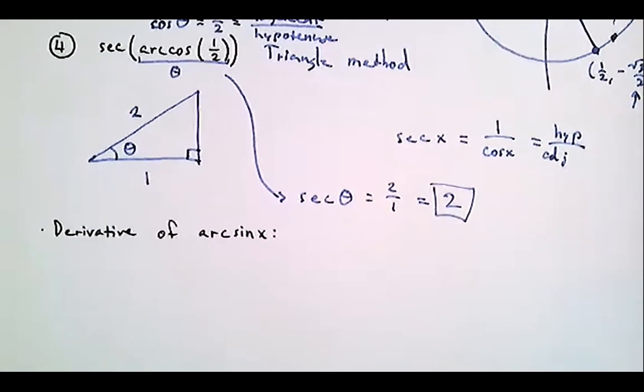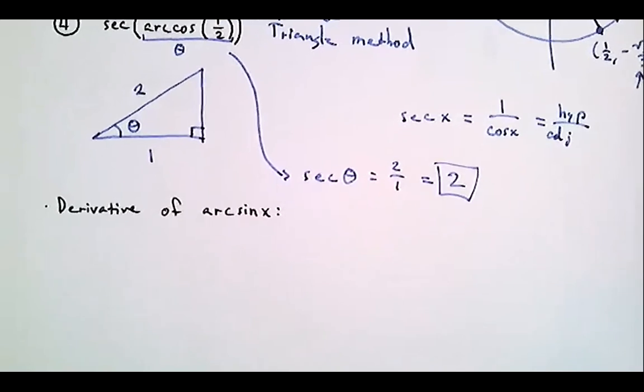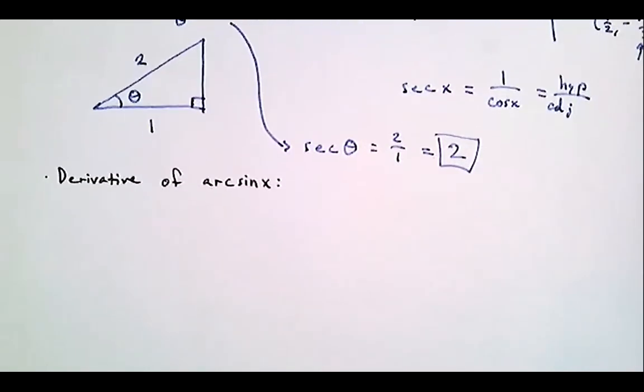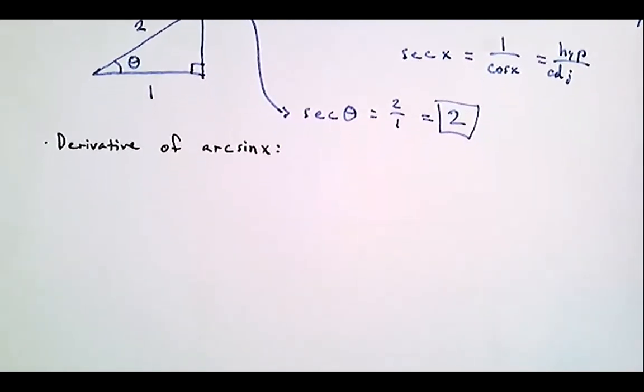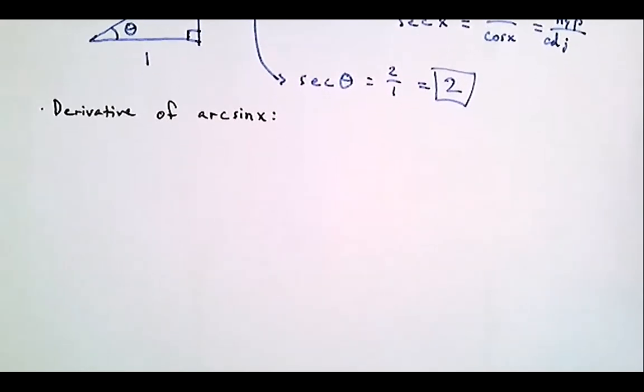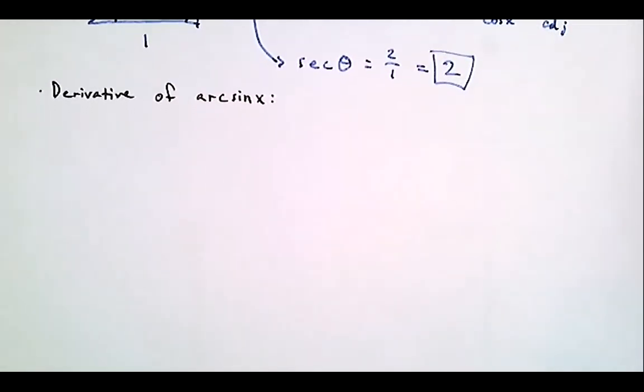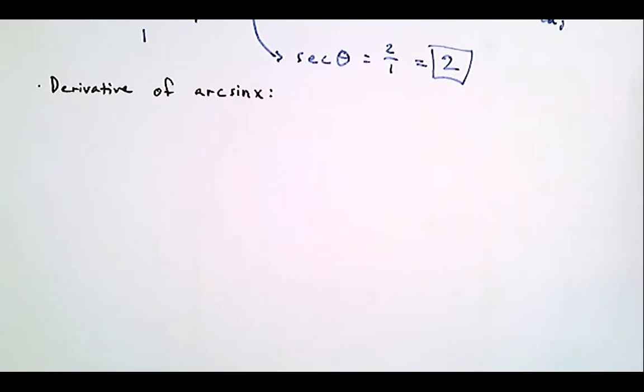Okay, so we've kind of just been doing algebra or trigonometry so far, we need to also think about calculus since we're in calculus 2. So let's try to take the derivative of arc sine.